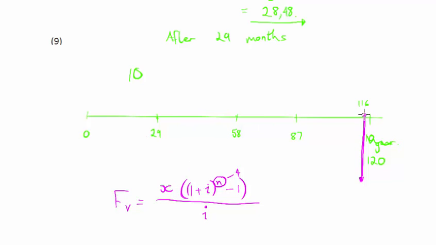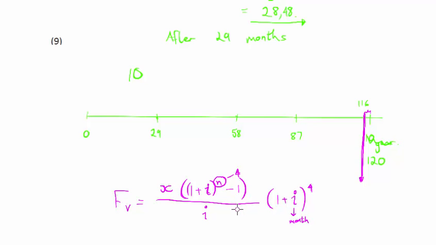And then afterwards, it stays in the bank account for another 4 months. So whatever my future value is, I'll multiply it with 1 plus i for another 4 months, where this i is in months. The interest that I will earn every month, because I'm earning it for 4 months, but this i can't be monthly, because this 4 doesn't represent 4 months. It refers to 29 months.